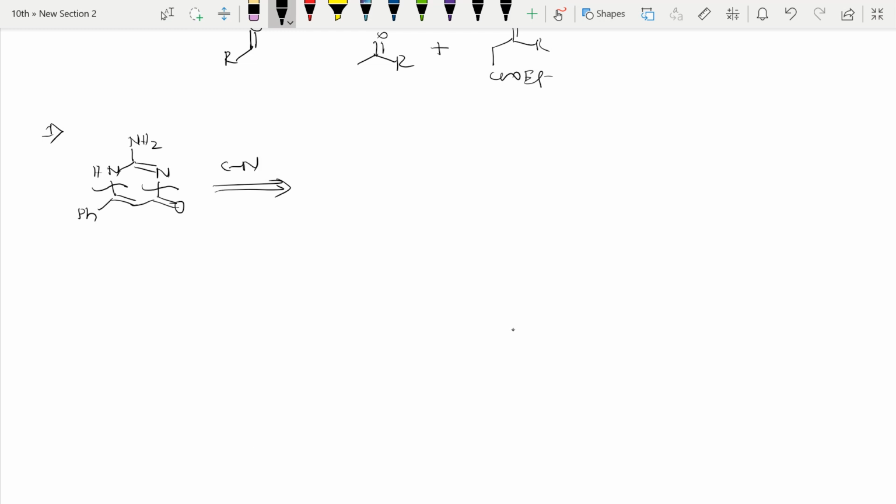So what I will get here, Ph. When I disconnect here, I'll just write OH here. Other things I'll keep as they are, CO. And here I'll just put OEt. Like this I will disconnect. And above, here I'll just place NH2, and here NH, and here NH2, right? So this is a different one.